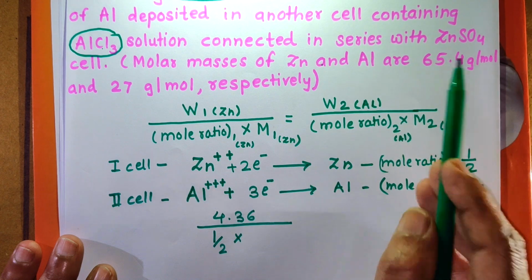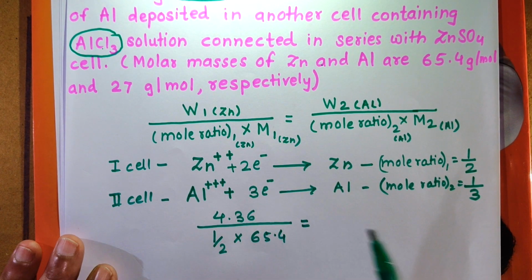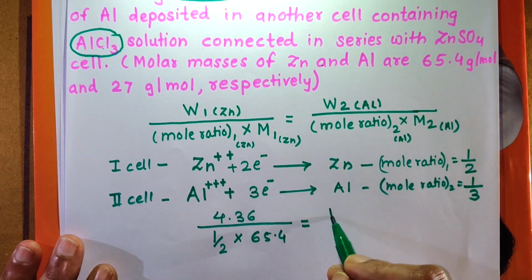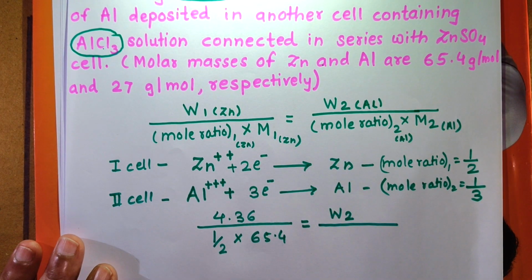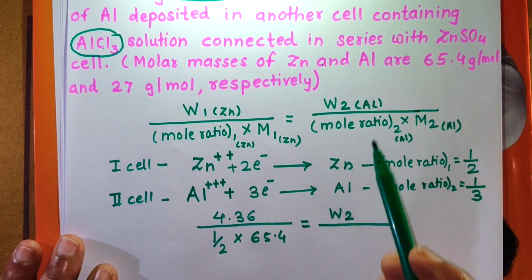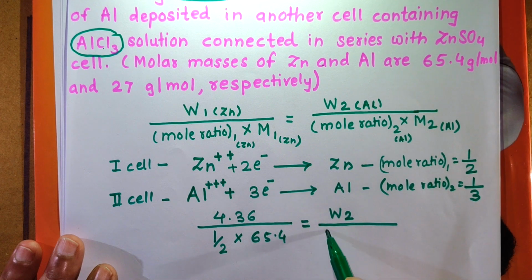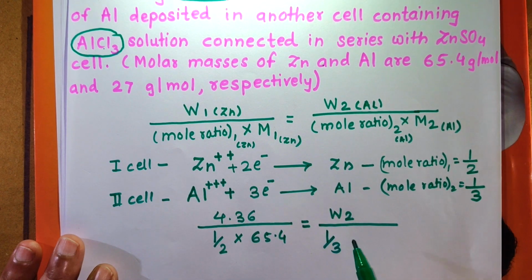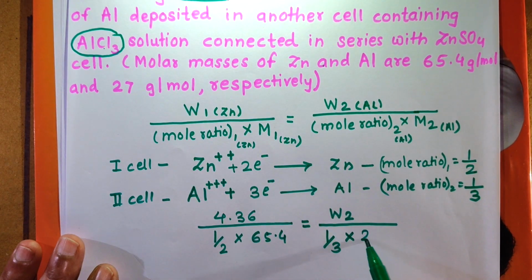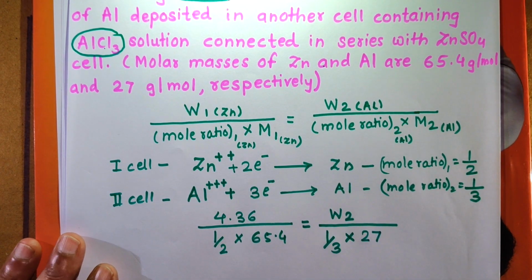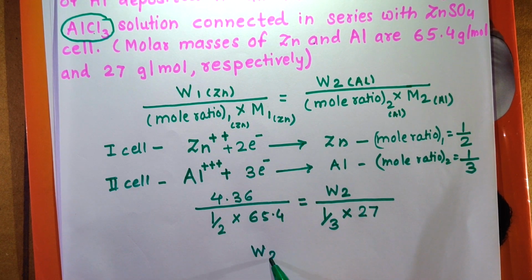So Zn has molar mass 65.4, equal to W2, which we have to calculate, because we are asked the mass of Al deposited. W2 upon mole ratio of Al, which is 1/3, into the molar mass of Al, which is 27. Like this we shall determine the value of W2.